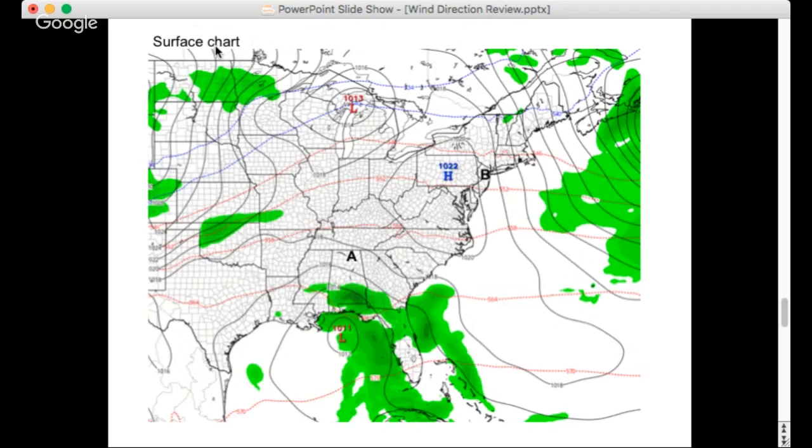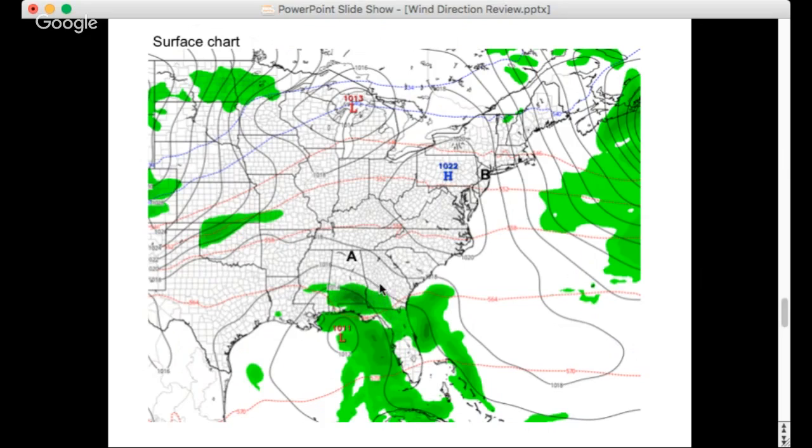So now let's look at the surface chart for this week. This is something a little bit different again. Remember, we want to find the winds that are blowing parallel to the contours, but because this is at the surface, we apply that correction for friction. All right, so location A over the South and Gulf states. We find the closest area of high or low pressure, and that's this surface low pressure over the Gulf of Mexico. So the winds around this low are generally going in this direction, counterclockwise around the low.